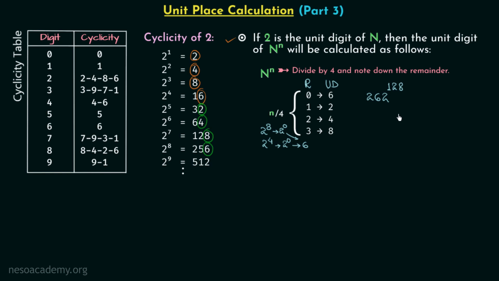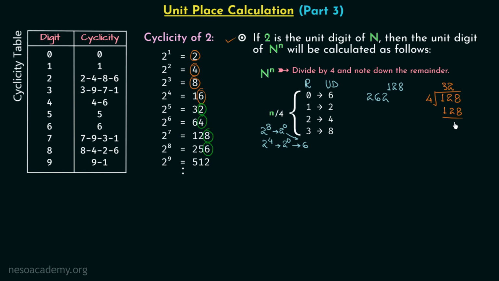And according to this rule, we will take this power, 128 is the power, and we will divide this power by 4 and we will note down the remainder. So let us divide this by 4. We will have 4 into 32 is 128.